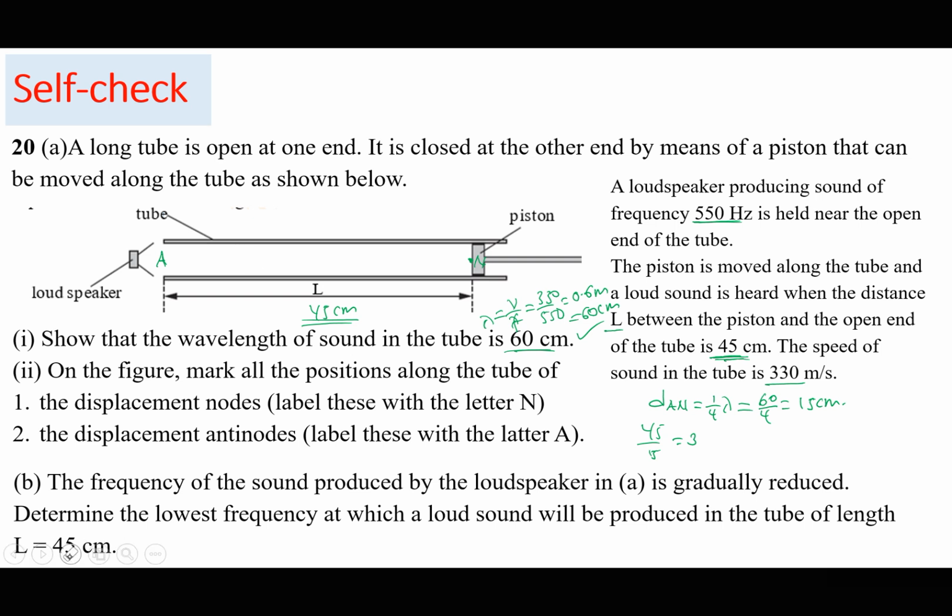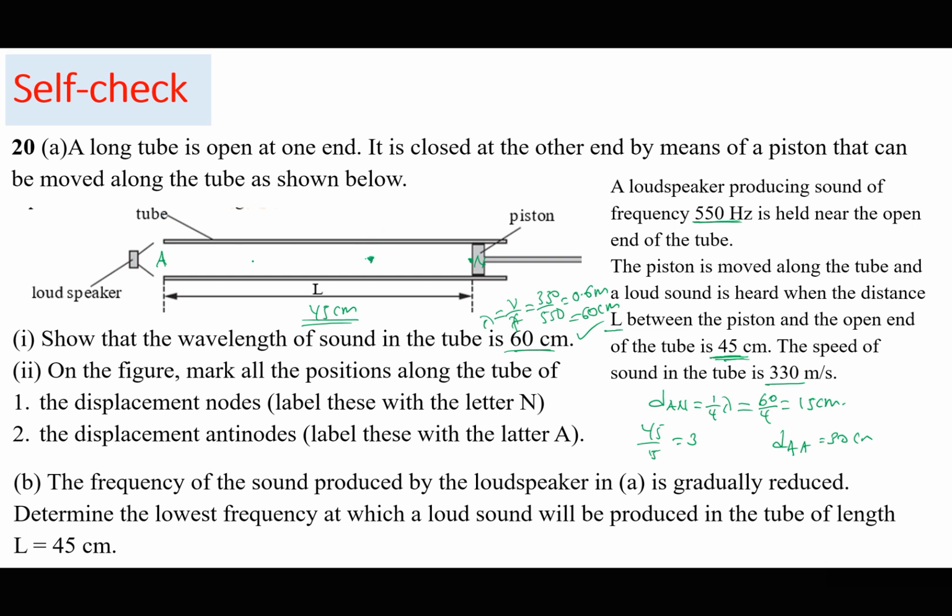So remember, for a closed pipe, the number of nodes is the same as the number of antinodes. Since we have an antinode here and a node here, the distance between an antinode and a node is a quarter cycle. The distance between an antinode and the next antinode is going to be 30 centimeters. So if I have one antinode here, after 30 centimeters I should have another antinode.